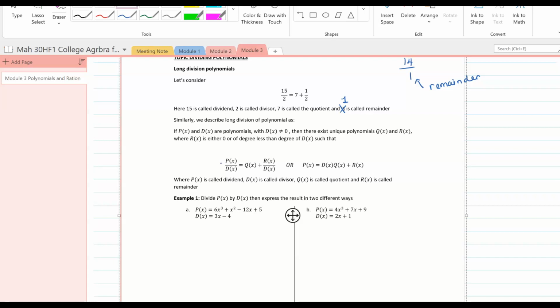We get a quotient and the remainder, and we can write the result in two different forms, either like this or this. Okay, so let's take a look at our first example.